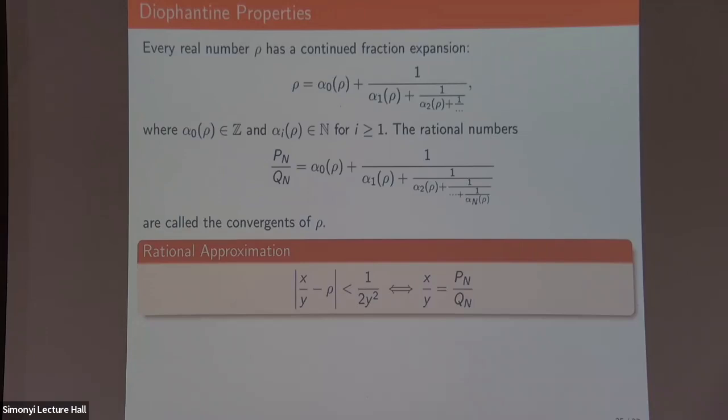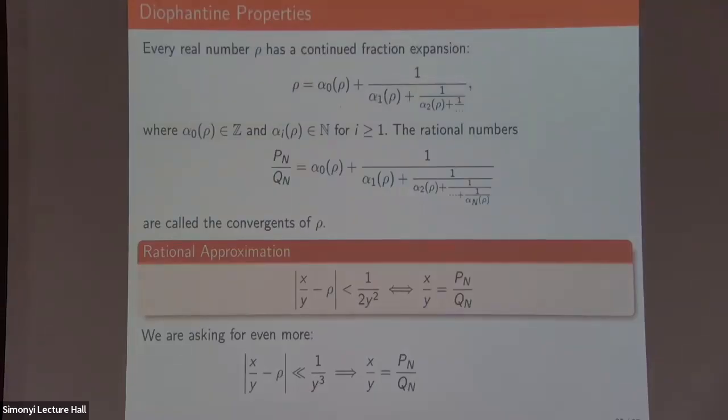But in our problem, we're not just asking for quadratic approximation, we're asking about cubic approximation, which is much more. So what we're really asking, in the language of continued fractions, is that not only x over y has to be a convergent, but a_{n+1}, which is the first coefficient that doesn't appear here, should be very big. It should be bigger than this denominator.